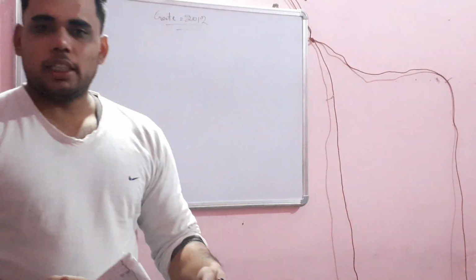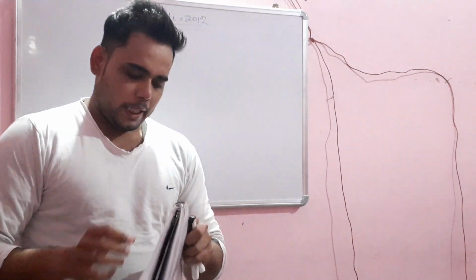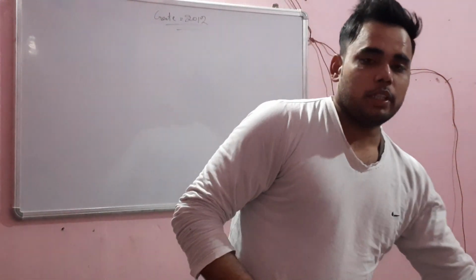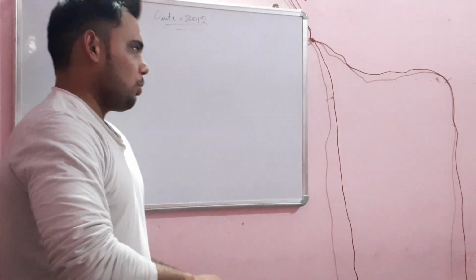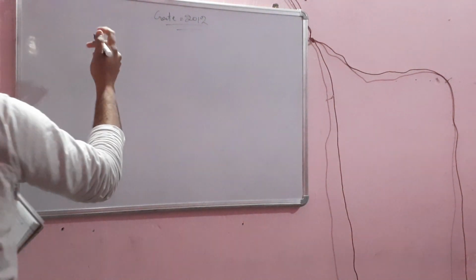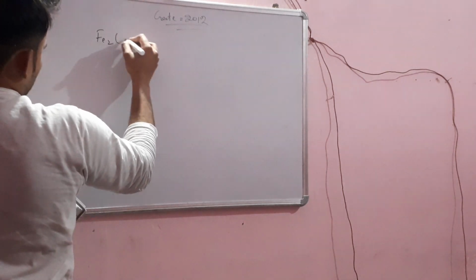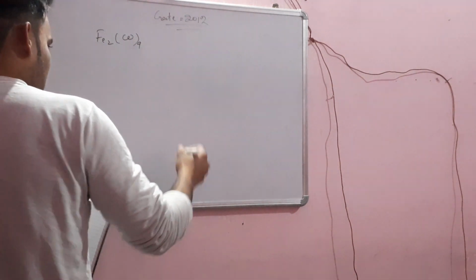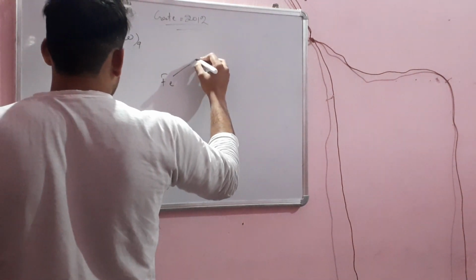The first question is: Fe2(CO)9 is your compound and you are being asked about the terminal CO attached to it. If you know the structure of Fe2(CO)9, only then can you do this type of question. So the structure is like this.